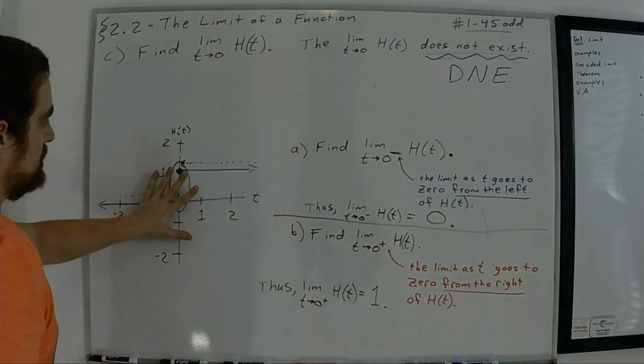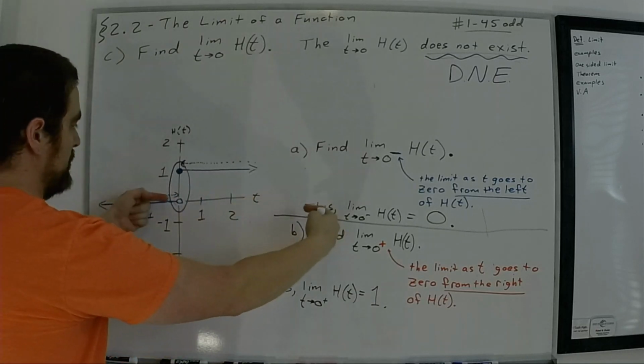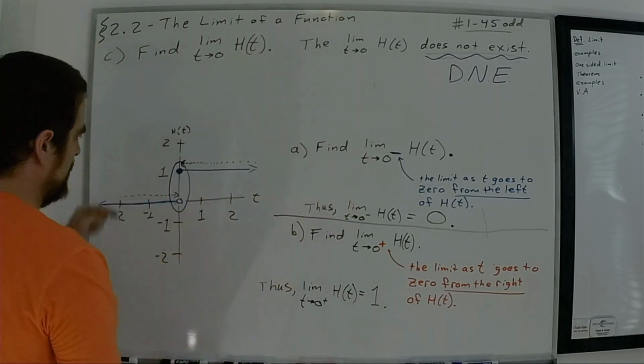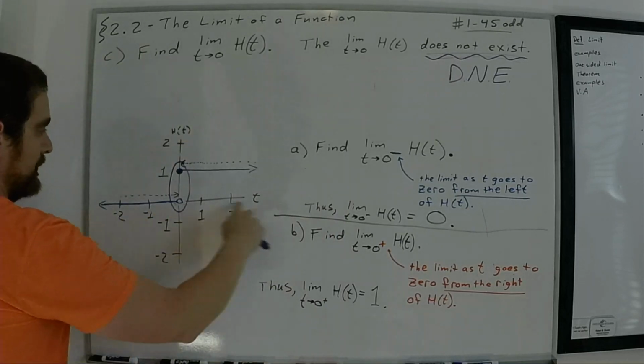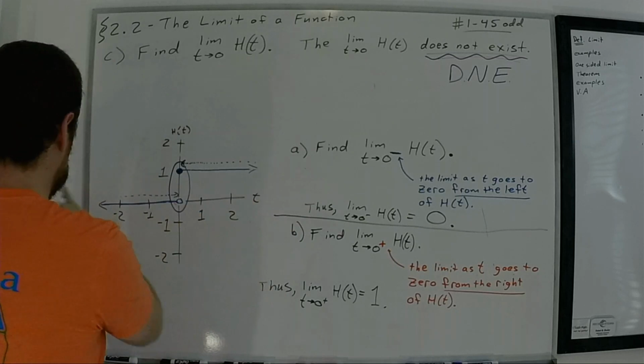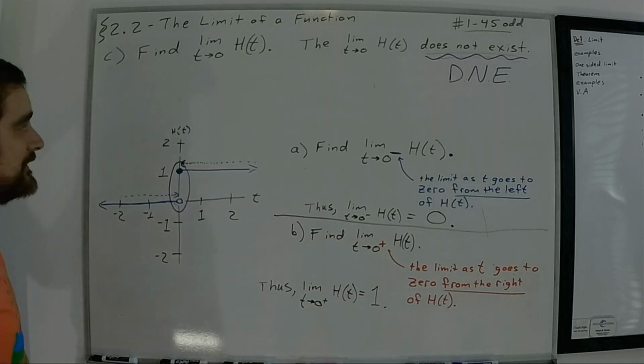Whereas here we're only two-dimensional, so when we talk about this input t, we're either coming from the left or from the right. We're not coming from up or down because that deals with the range, that deals with outputs. Inputs are either on the left of something or on the right of something. So for Calc 1, it's not too hard to look at limits because you're only looking for two sides.